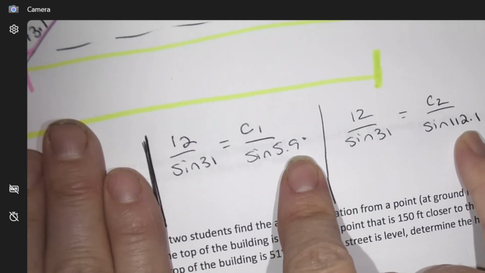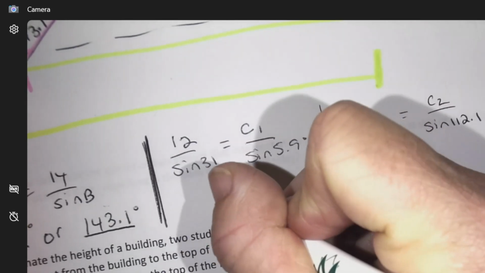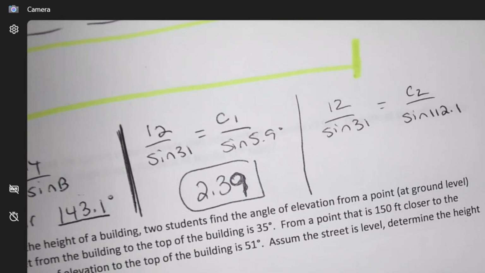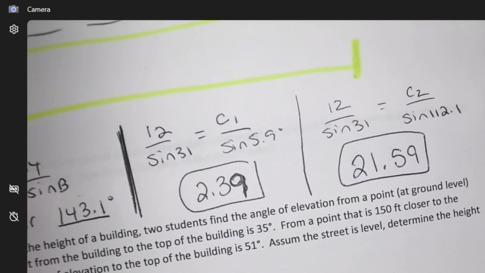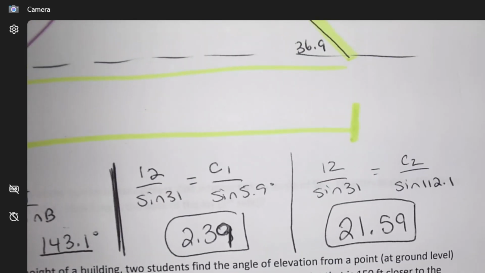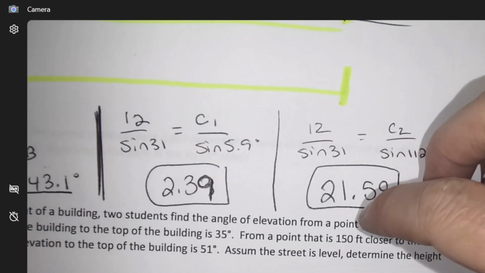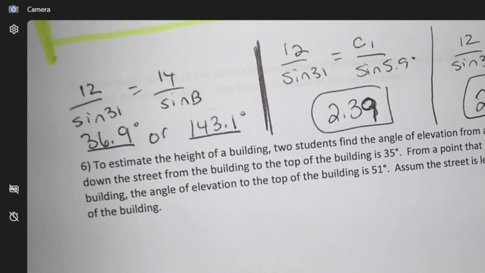So those were our two options for top angles. Okay, how are we looking with our numbers? One's small and one's big.